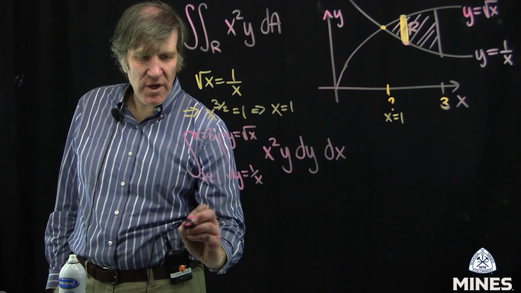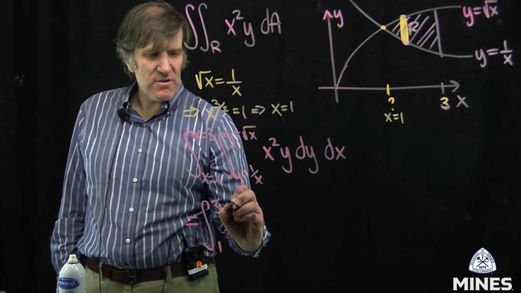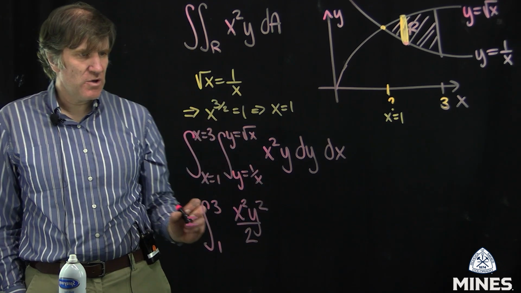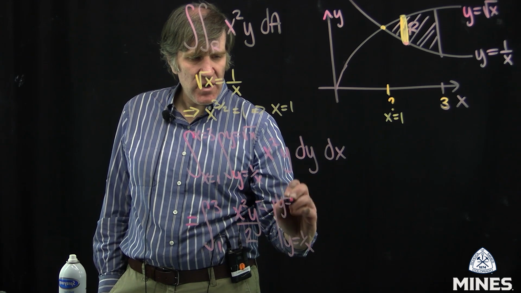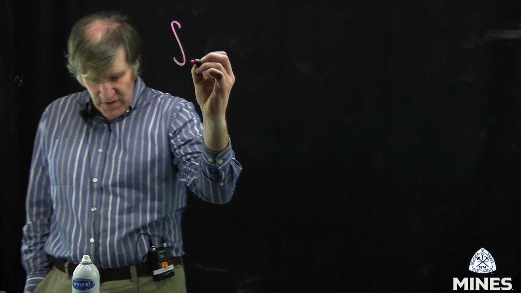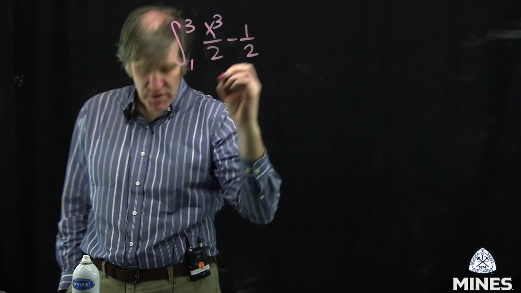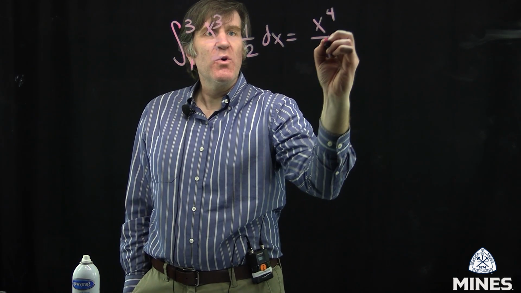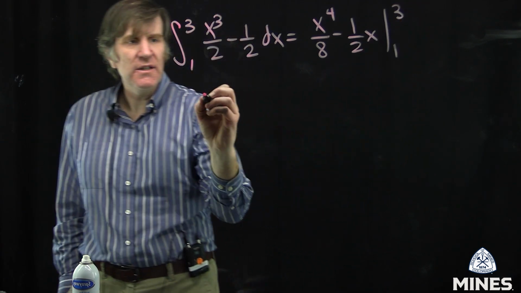So we go ahead and we integrate. We have x going from 1 to 3, and in y this looks like x squared y squared over 2. We integrate y to y squared over 2 from y equals 1 over x to y equals the square root of x. So we have an integral from 1 to 3 of x cubed over 2 minus 1 over 2 dx, and that looks like x to the 4th over 8 minus 1/2 x from 1 to 3.